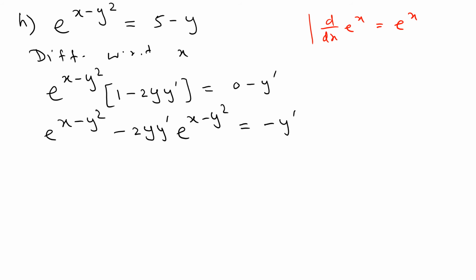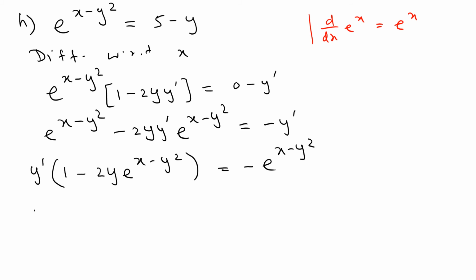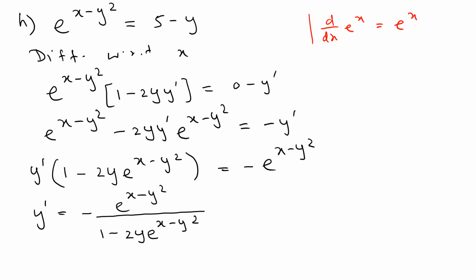Bring the y prime terms to one side and factor out y prime. You're going to see 1 minus 2y e to the x minus y squared, and if you move the exponential term to the other side, it's negative e to the x minus y squared. So y prime, if you divide, is negative e to the x minus y squared divided by 1 minus 2y e to the x minus y squared.